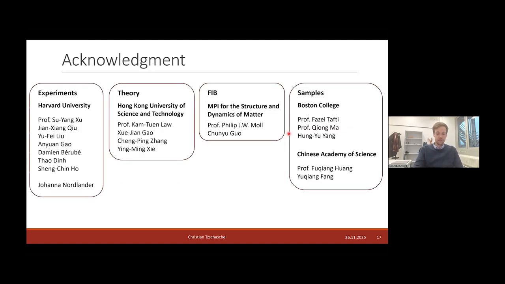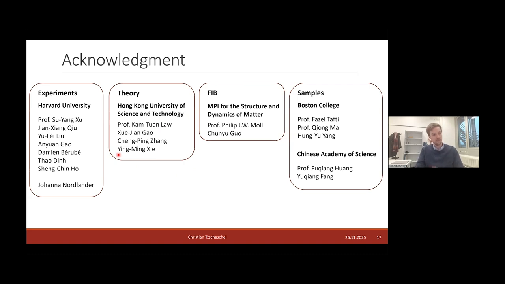Okay, before I summarize my presentation, I would like to acknowledge the people who contributed to this work. Most of the experiments were done during my postdoctoral time at Harvard University in the group of Tzschaschel. The density functional theory calculations were done by Katie Law at Hong Kong University and his students.